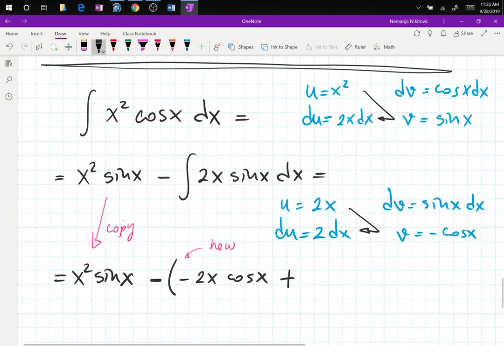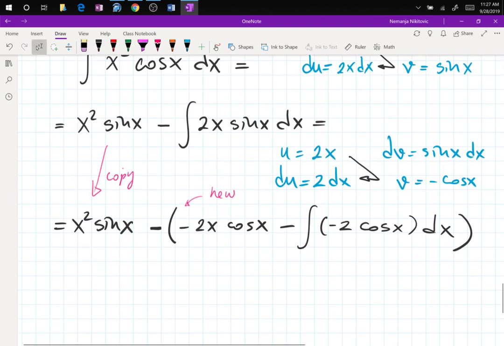Minus and minus will give me plus. We're just going to do one at a time. So minus integral of negative 2 cosine x dx, and then close the big parenthesis. So there's a lot of parentheses there, right? A lot of parentheses, so you have to be very careful.